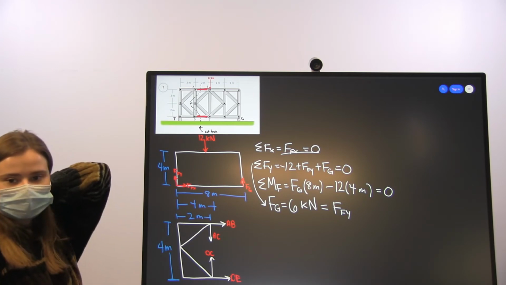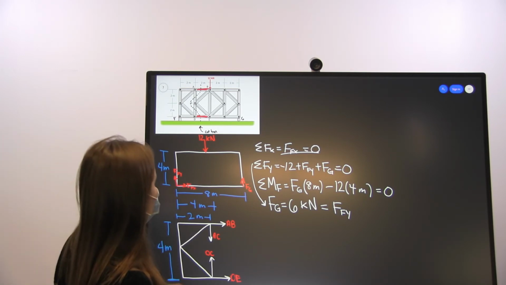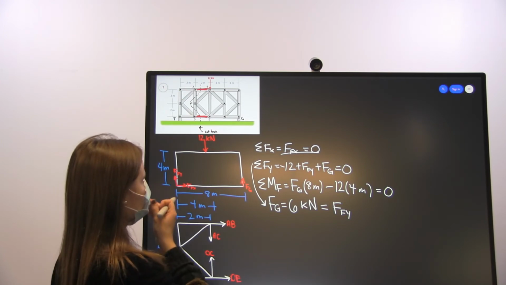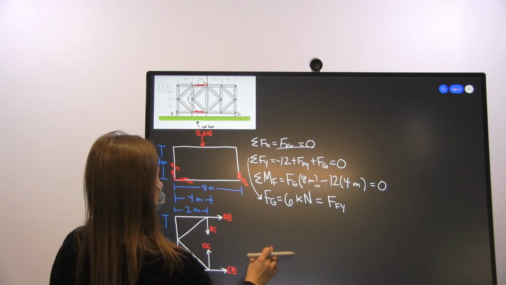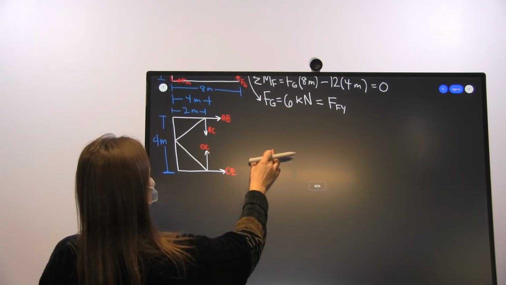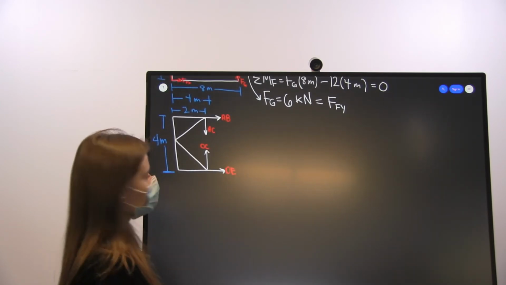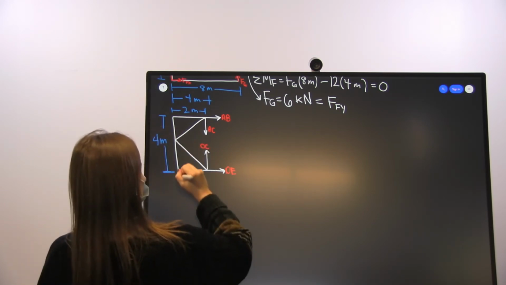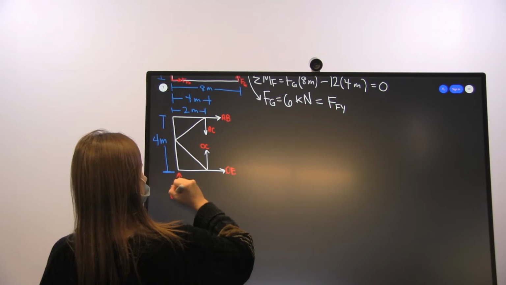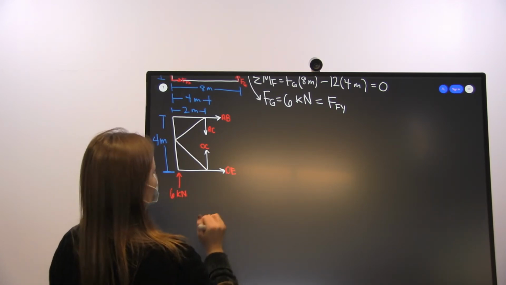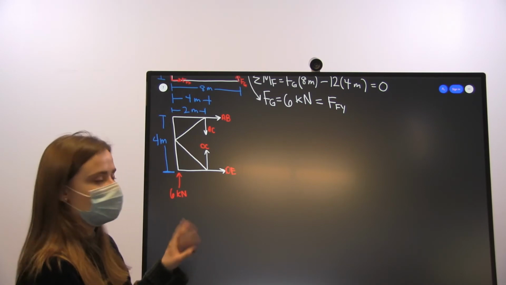So there we have our distances and our forces that we need, and this is just accounting for the left part of the system. So from there, we can do more equilibrium equations. We still have this upward force of 6 kilonewtons, because that's force at F in the Y direction. So that's still going to be here. We're still going to have to account for that.